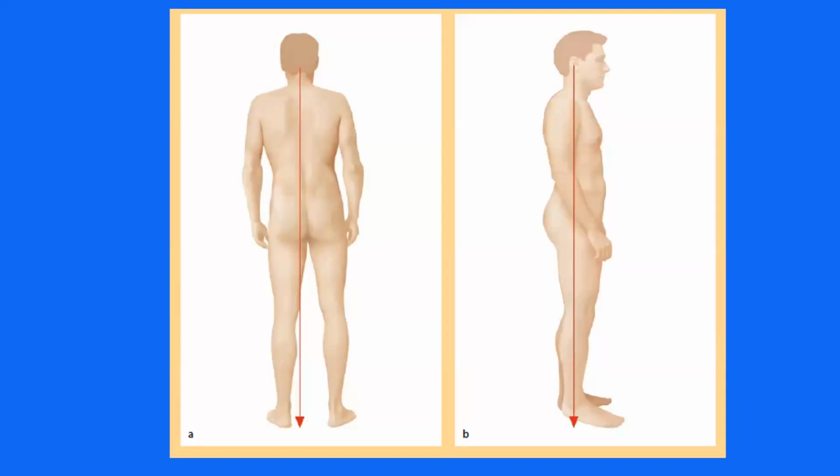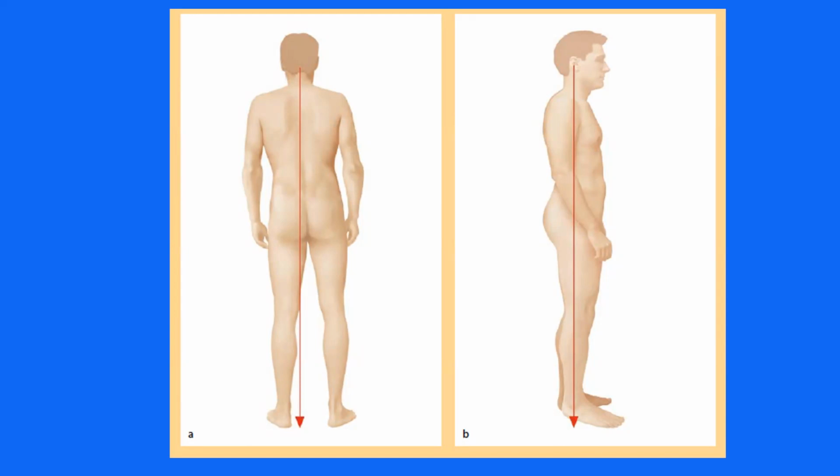Look at this slide. You see that the patient is listed or tilted to one side. If you draw a pendulum from the occipital, the central occipital area, or from the inion of the occiput down, you see that the pendulum is not at the slit of the buttocks.